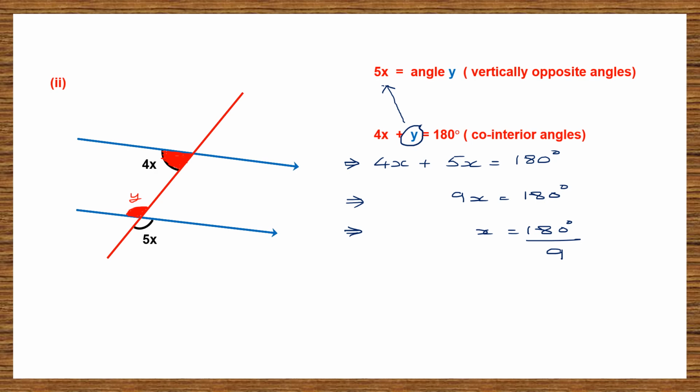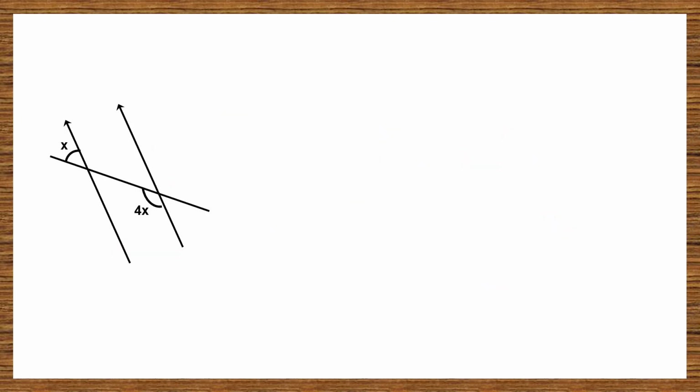So now let's cancel. 9 ones are 9. Here 9 twos are 18 and 0. X is equal to 20 degrees. So we have found the value of x here, and x is equal to 20 degrees. So for question 2, the answer is 20 degrees. This is question 3.